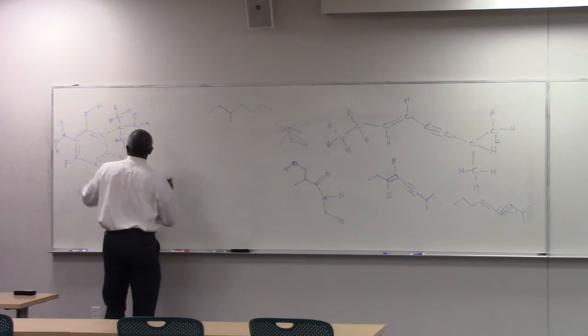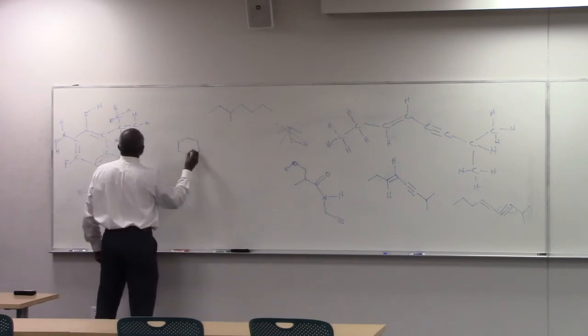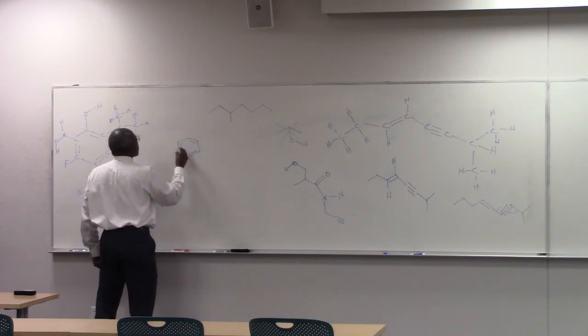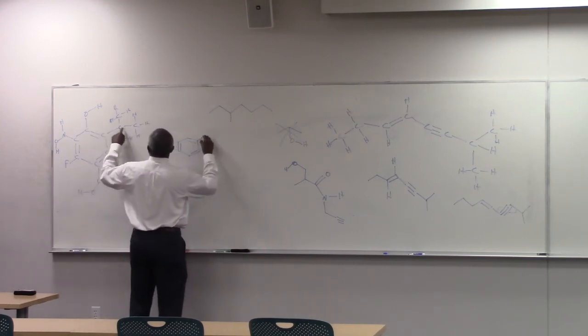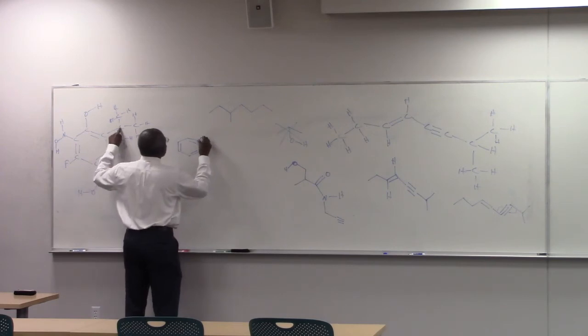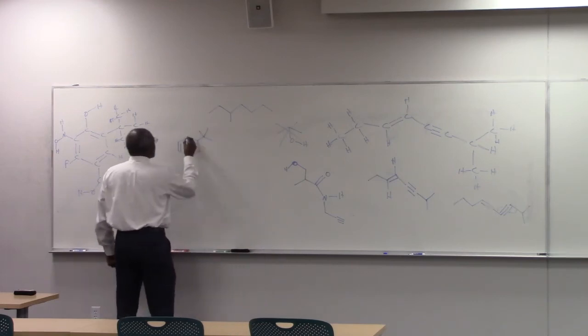So I will do this. It's got the benzene ring, so I'm going to end up looking like this. I've got a carbon, and it's attached to 3 methyls. And then I've got an OH.